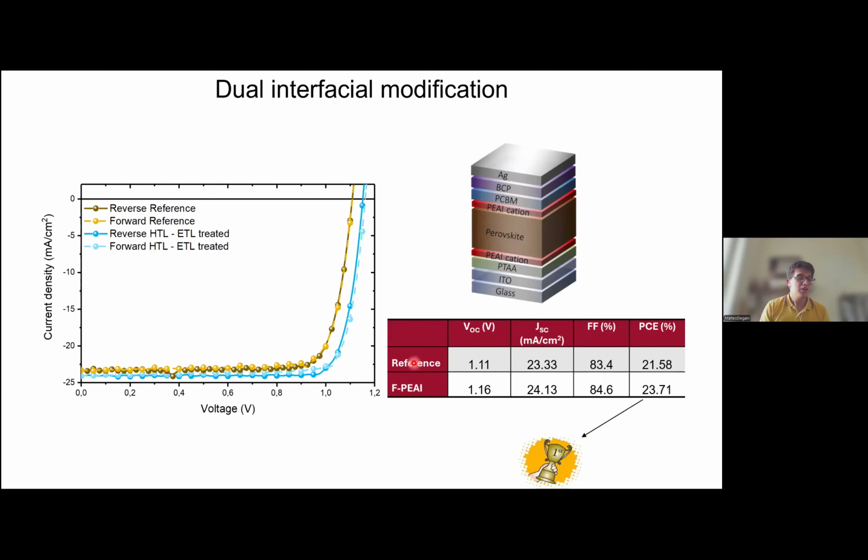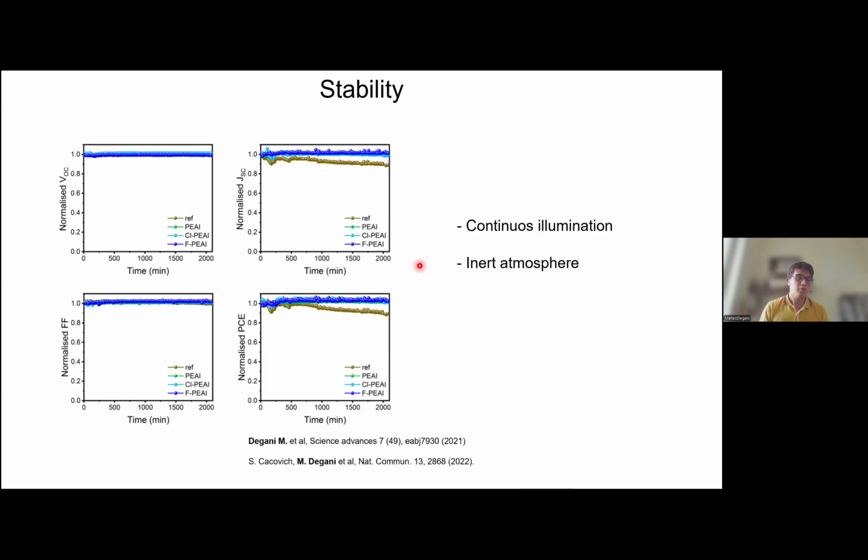And with this, we achieve a nice efficiency that was 23.7, that back in 2021 was the world record for the inverted structure. And we performed a short stability test actually, but we were in a hurry for the publication.